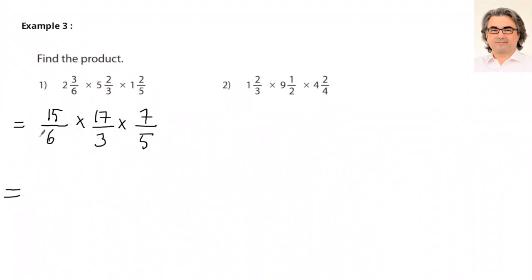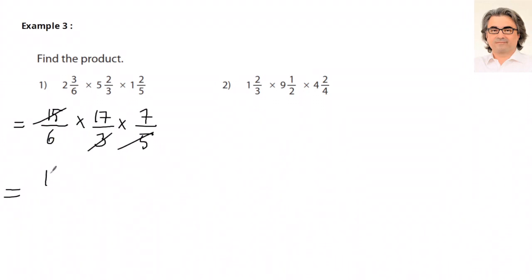Now, at the bottom, or in the denominators, as you see, 3 times 5, you will multiply. 3 times 5 is 15. So 15 over 15 is 1. What about 17 and 7 and 6? There is no simplification between them.